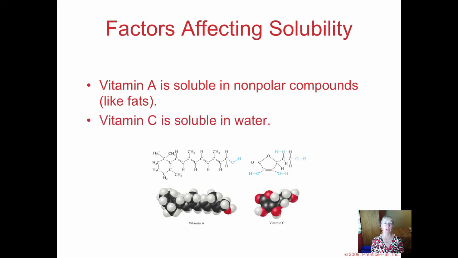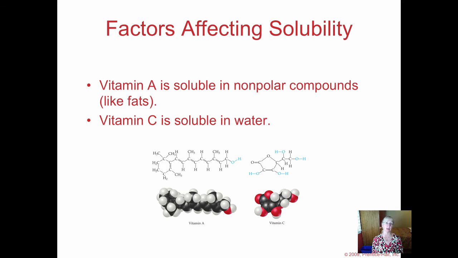Humans, as you probably know, are one of a few species, along with guinea pigs and other primates, that must consume ascorbic acid, or vitamin C. Without it, you get scurvy. Vitamin C, as you can see, has many hydroxyl groups, where it can form hydrogen bonds with water, and so it's a water-soluble vitamin.